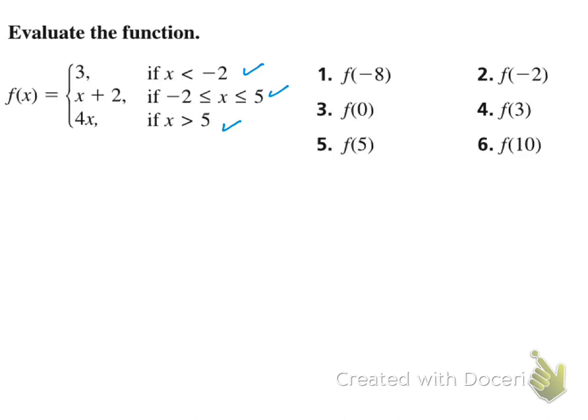It fits in the first one. So I'm writing f of x equals 3. So f of negative 8 equals 3. Where did the second one fit? Yeah, it would fit in the second one, because it's in between negative 2 and 5. Yeah, 3 is in between.